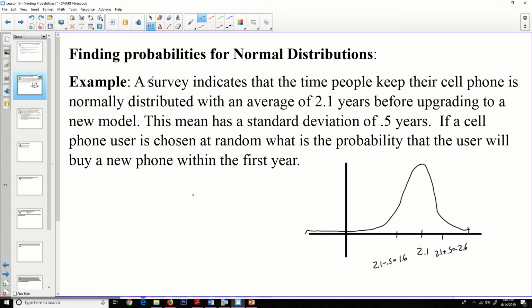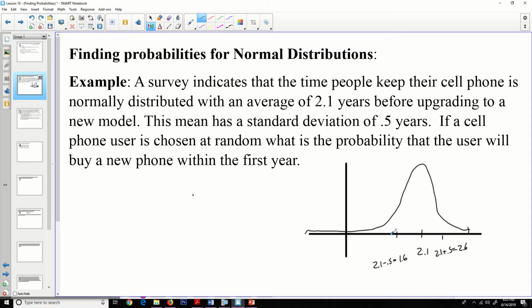So the question is, if a cell phone user is chosen at random, what is the probability that the user will buy a phone within the next year? Now, in the last lesson, we learned that the probability is kind of the same as the cumulative area under the curve.